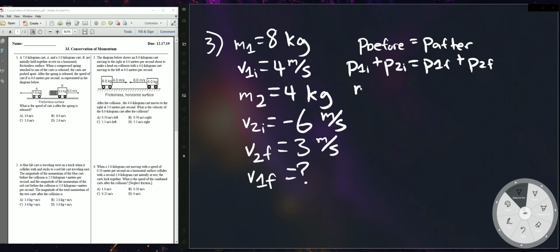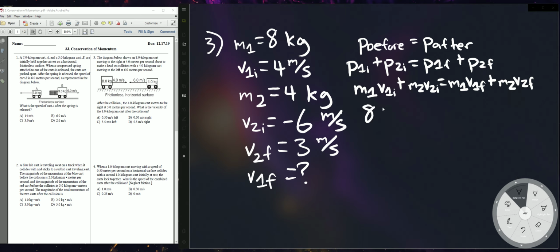And now we're going to replace momentum with mv. So m1 v1i plus m2 v2i is equal to m1 v1f plus m2 v2f.